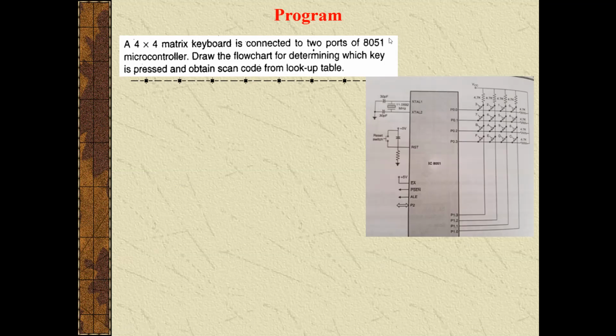As I told, we first have to check whether any keys are pressed, or we have to check that all the keys are open. So we have to check this first while writing the program.